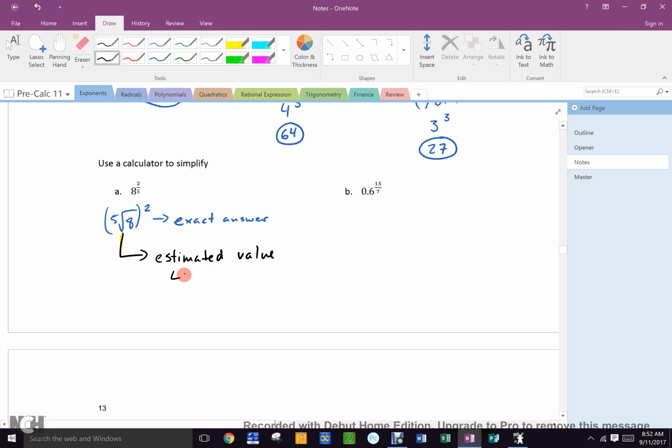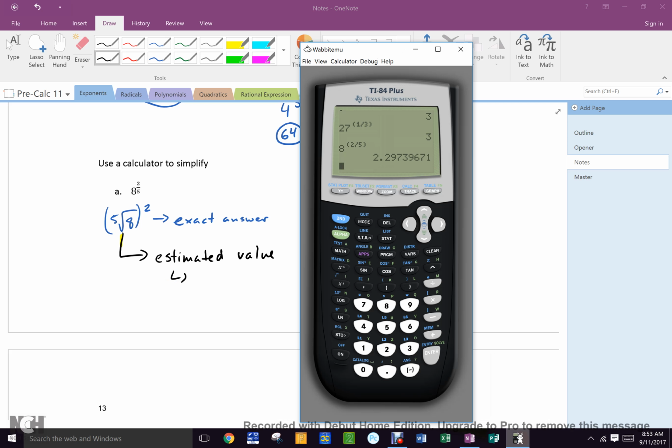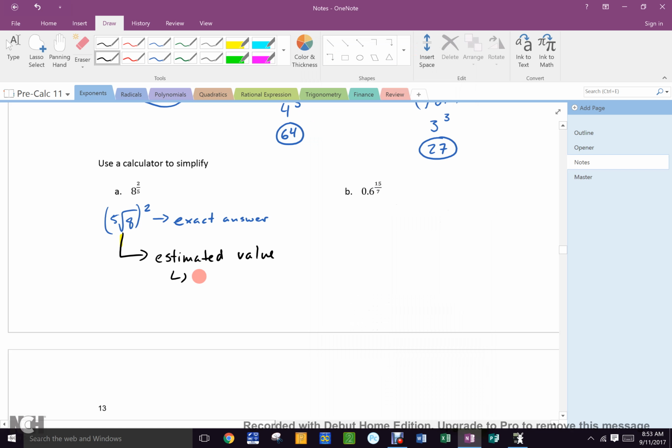And that's when you get the question, oh, how many decimal places? And it was like 2.29 something, right? 2.297. Everybody cool with that? Depending on what you're being asked for, that's going to define how you answer it.